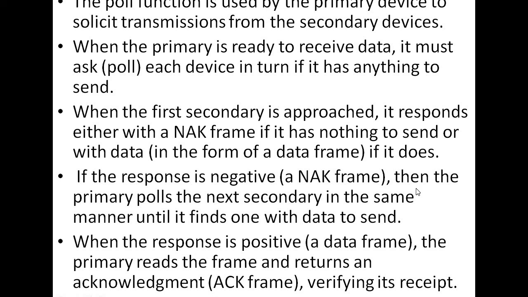If the response is negative, then the primary pulls the next secondary in the same manner until it finds one with data to send. When the response is positive, with a data frame, the primary reads the frame and returns an acknowledgement verifying its receipt. So this is all about the pulling and selection technique.